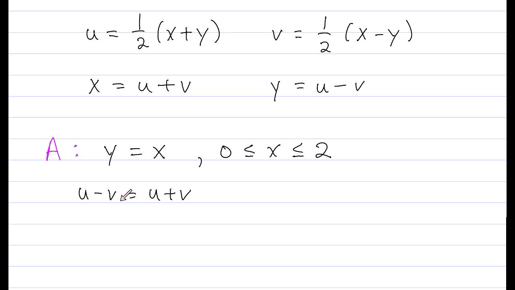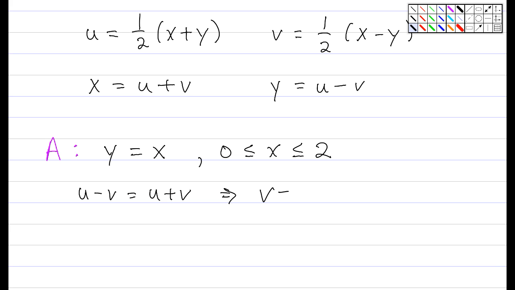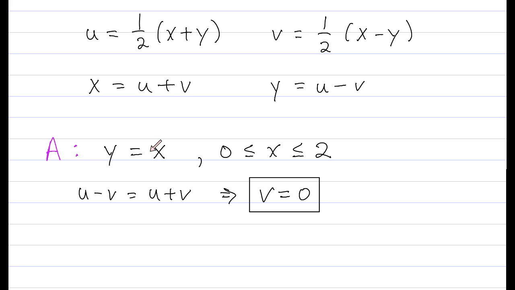Well, you can see if that's true, the u's cancel and I get minus v is equal to v. Well, there's only one way that's possible. V must equal 0. What does that mean? That means that the line y equals x in the xy plane, given this transformation, is going to be converted into this line.